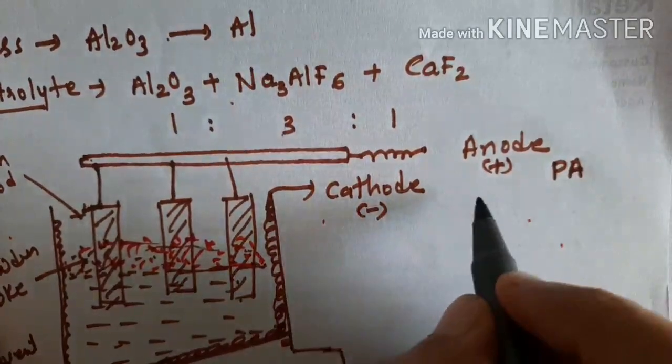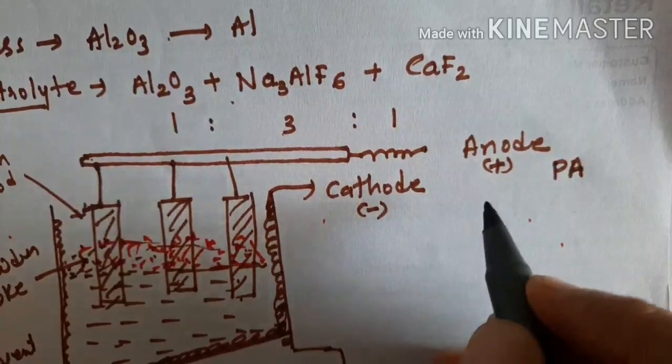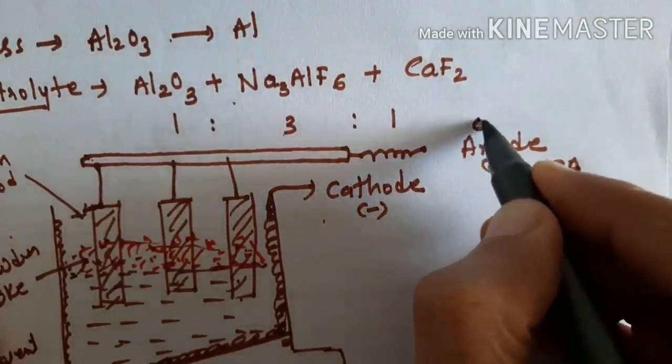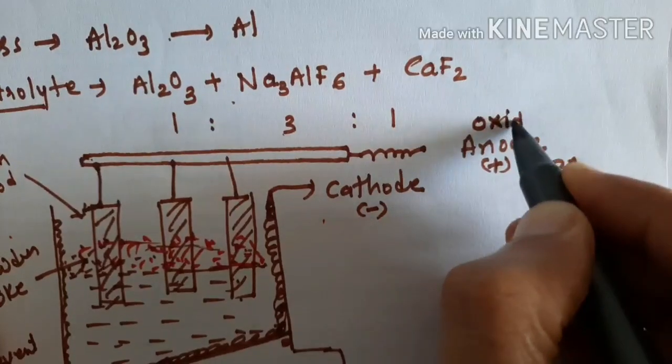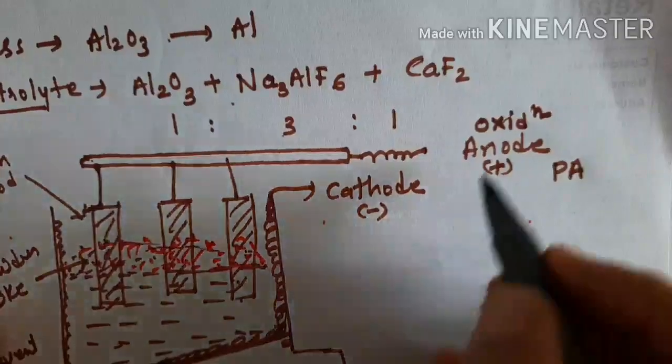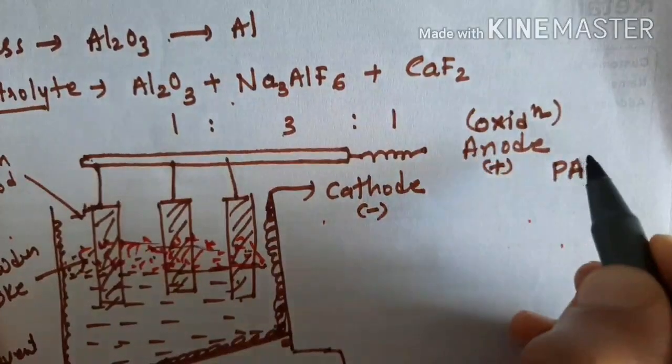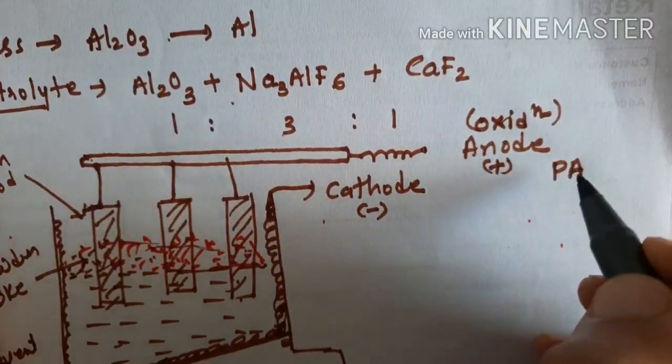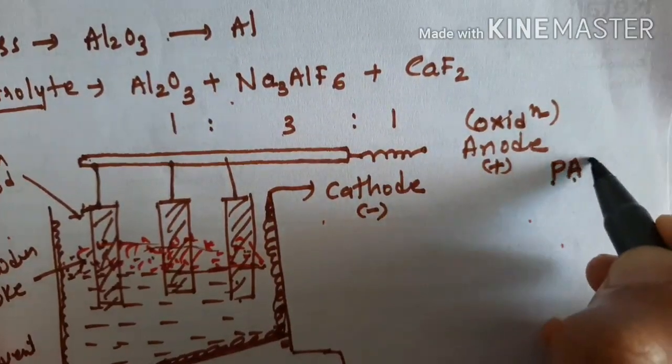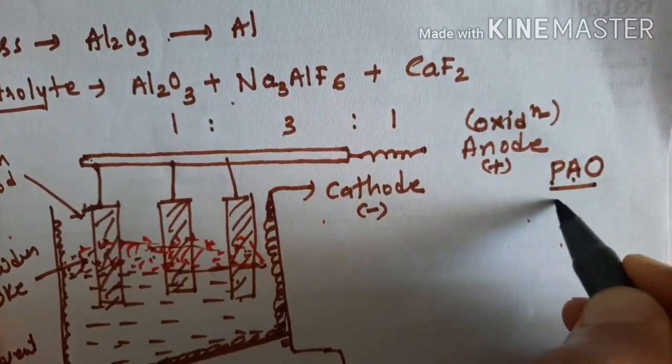Another thing: on the anode, oxidation reaction always happens. So we can write positive, anode, oxidation: POW.